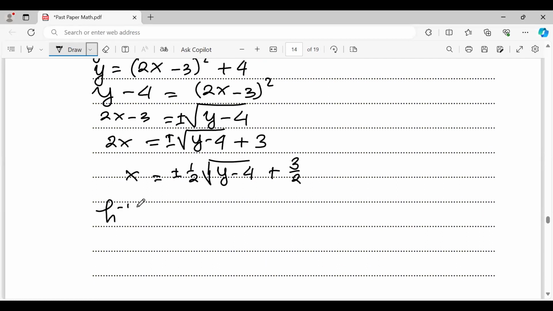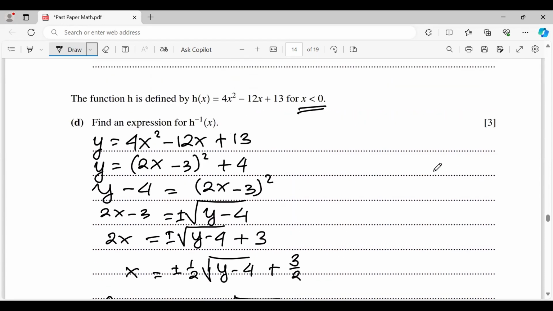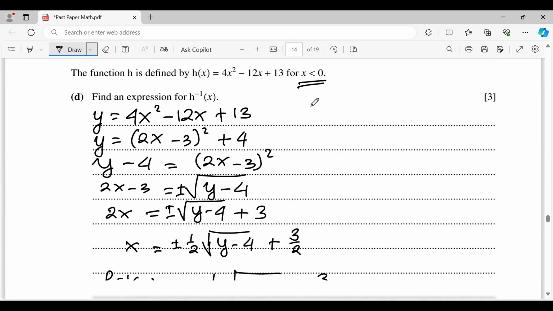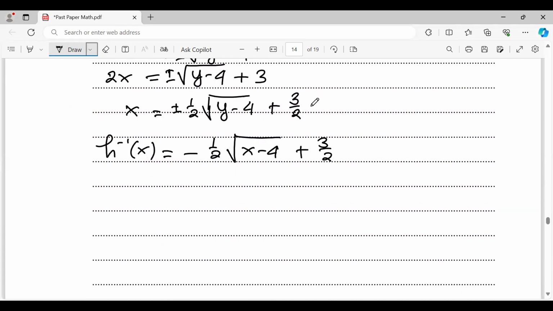So it means the inverse of h(x) equals minus half square root of x minus 4 plus 3 half. Why minus? Because x should be less than 0.